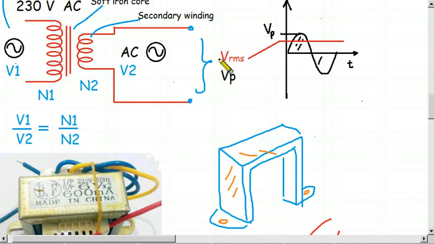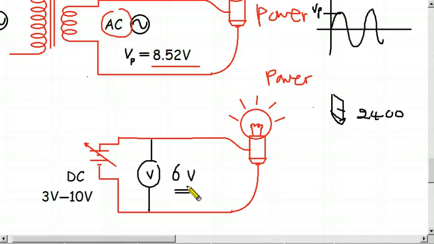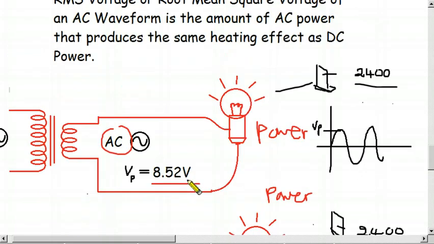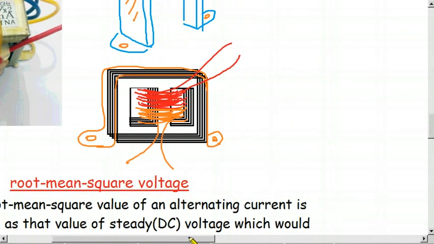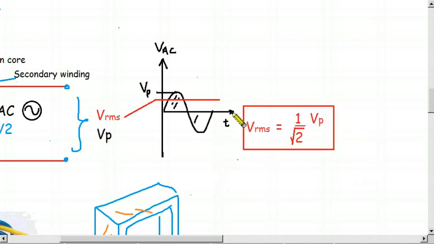So I explained how you find it by using these instruments practically. If you wish to find it by using just equations, you can use this equation.